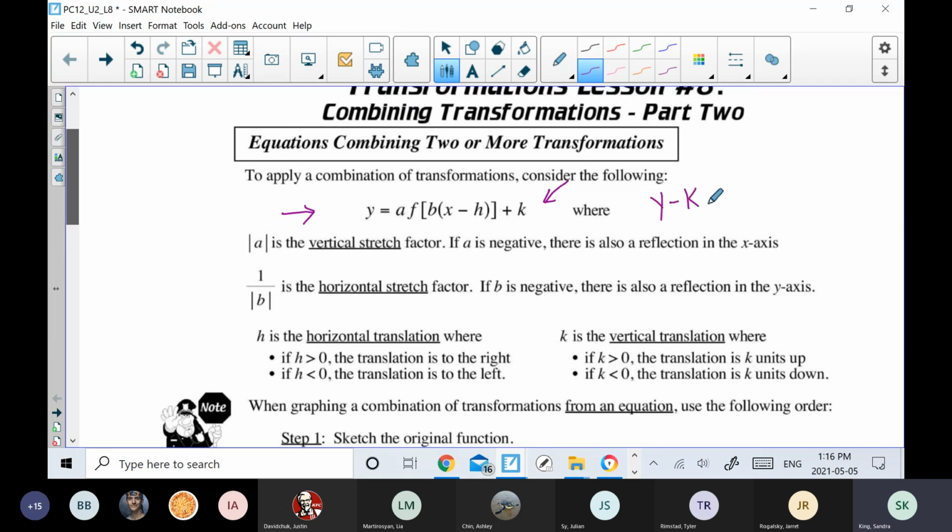So they'll have the vertical translation on the left-hand side, equal to your a parameter, and then you have your function. Within your function, you have your b parameter, which is factored out, and then x minus h, in brackets. So again, always make sure that that b parameter is factored out. If you do not factor it out, you're going to get your h parameter wrong.